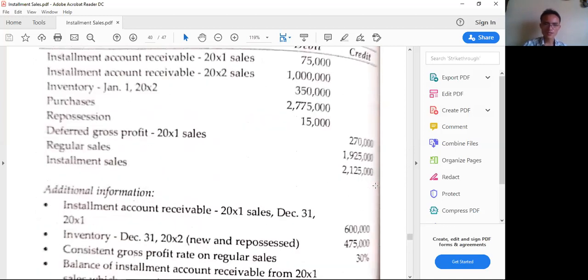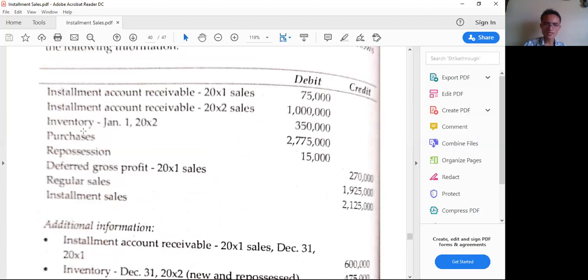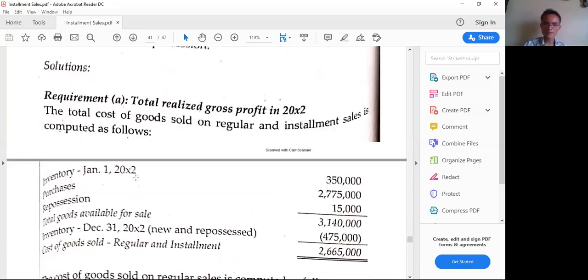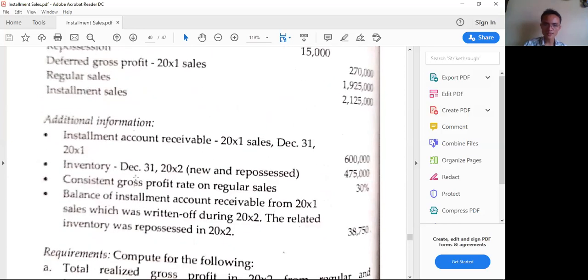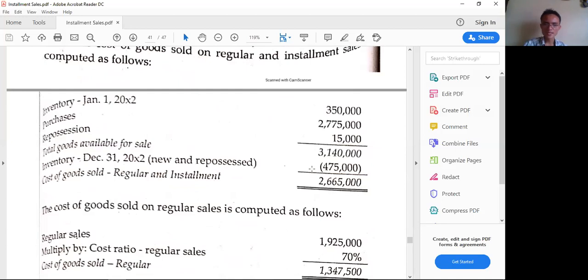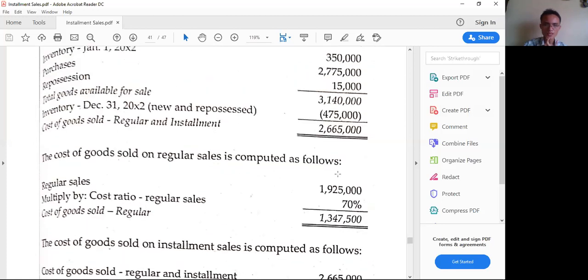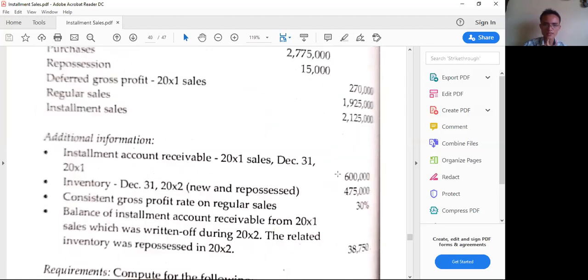So we have here the inventory, inventory purchases, repossession, that's to be added to equal goods available for sale. And then the inventory ending balance would be the new and repossessed, so you have here 475,000. And so the total cost of goods sold would be equal to 2,665,000. Then we allocate. So question is, how do we allocate, right?